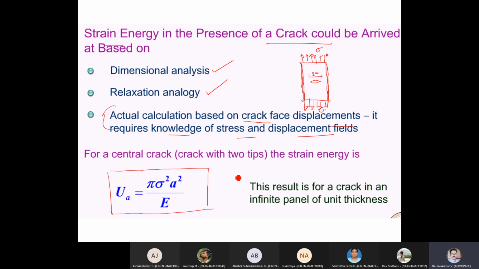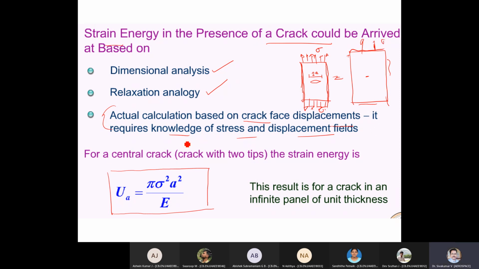I told you. If this is the situation, when you apply a sigma, but it's fairly far away from the crack. It's something like infinite, basically. If you see, okay, the crack is somewhere here. Infinite plate, okay, in both sides it's infinite, but subjected to stresses, something like this.